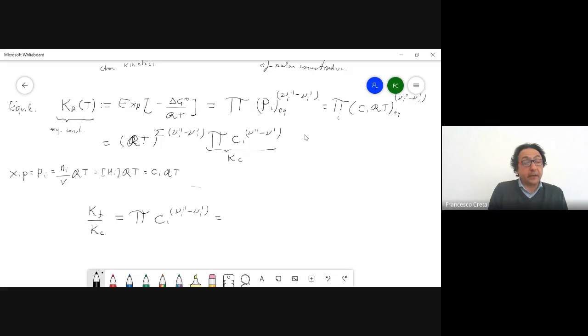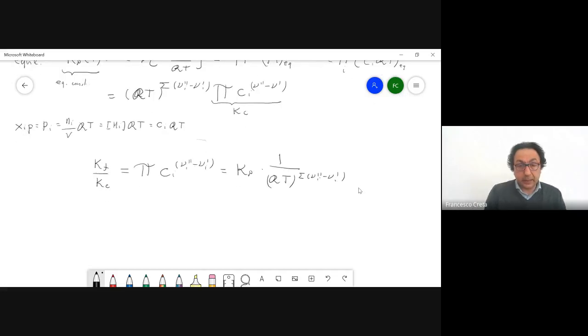Kc is Kp divided by this. So Kp divided by RT to the power of the sum of Ni double prime minus Ni prime. Okay? Where again, Kp is a function of temperature and is equal to the exponential of minus delta G0 over RT.